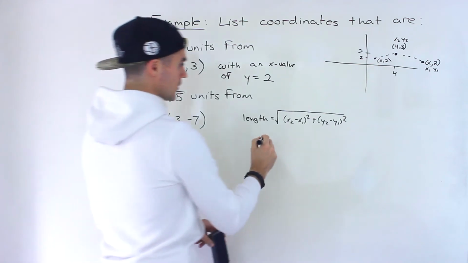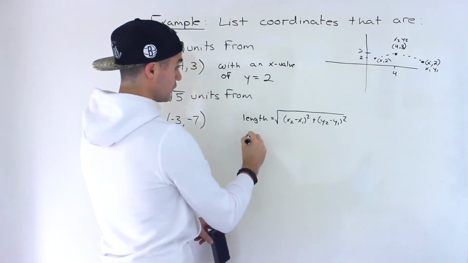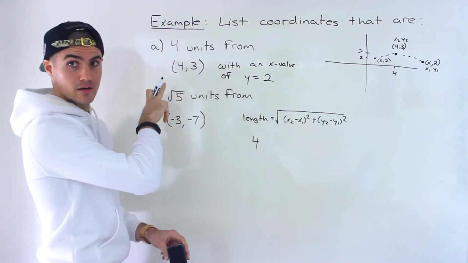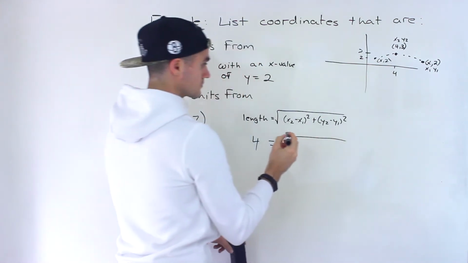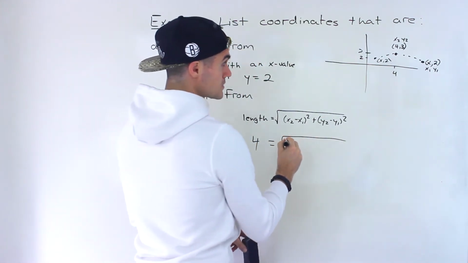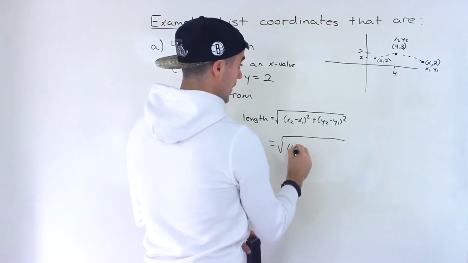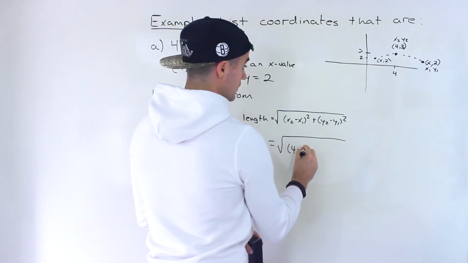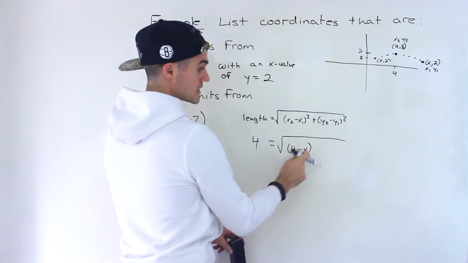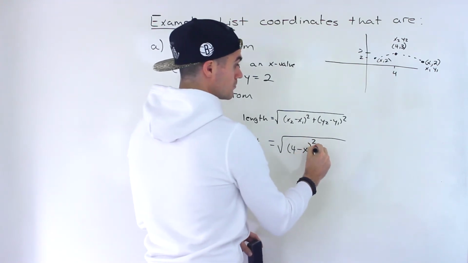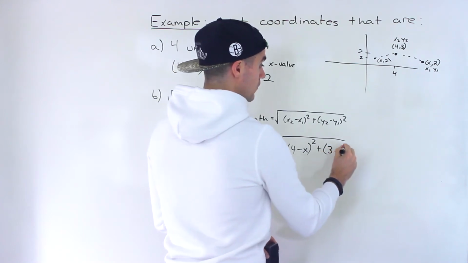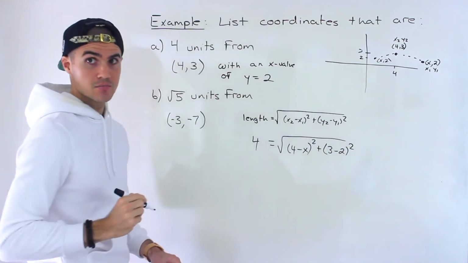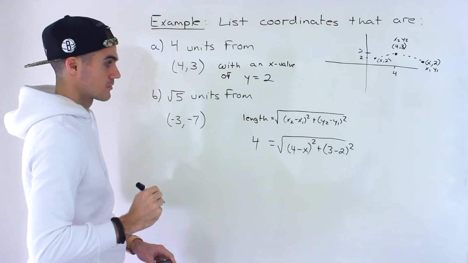So we would end up with the length has to be 4, right? We're given that length. And then we're going to have the square root of x2, which is 4, minus x1, which is actually what we're solving for, that's the x value that we're going to solve for, squared, plus y2, which is 3, minus y1, 2, and then that's going to be squared, like that.